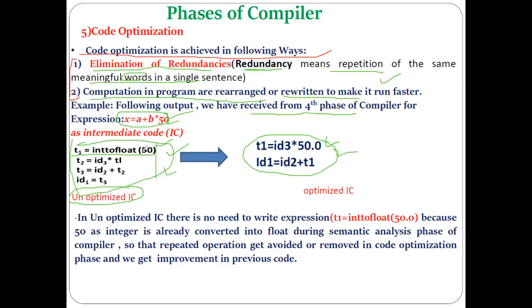But this conversion of 50 into 50.0 was already done in the third phase of the compiler, that is our semantic analyzer. If you see that lecture, you can see the conversion of 50 into 50.0 was already done in the semantic analyzer.